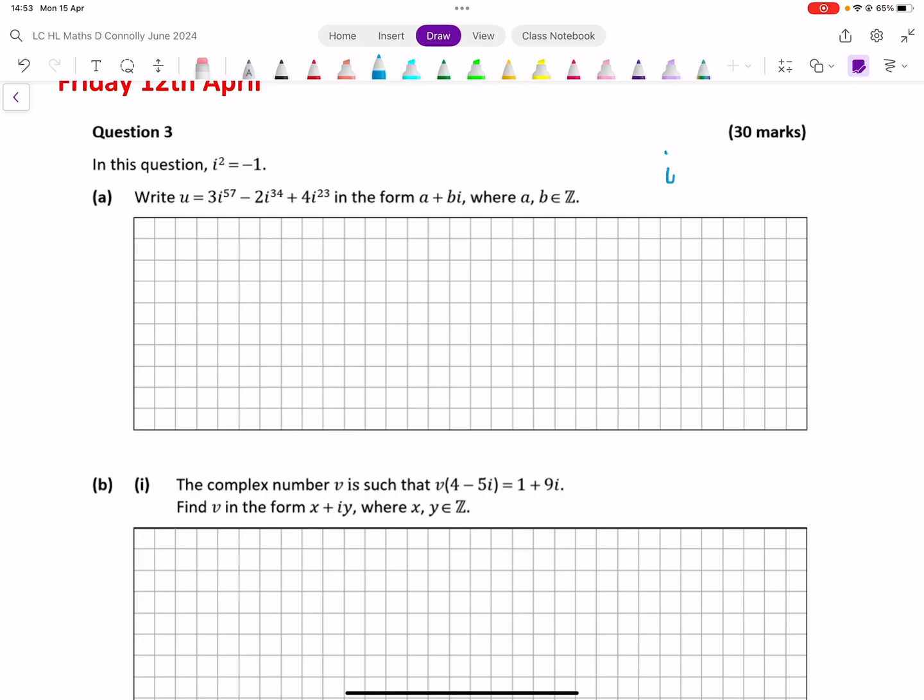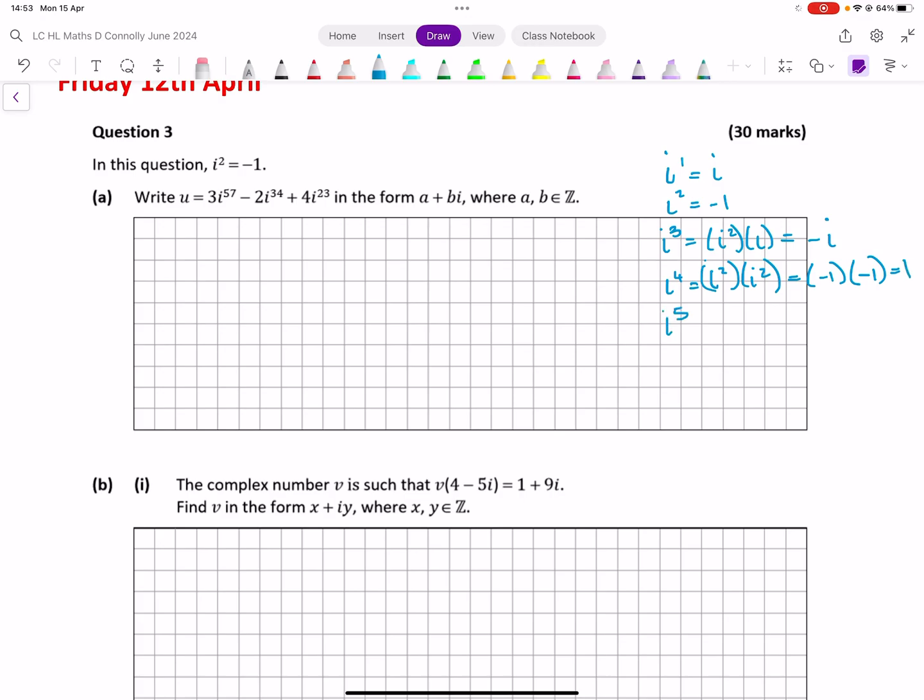So i to the 1 is just i. i squared is -1. i cubed is i squared times i, which is -i. And i to the 4 is i squared times i squared, which is -1 times -1, which is 1.